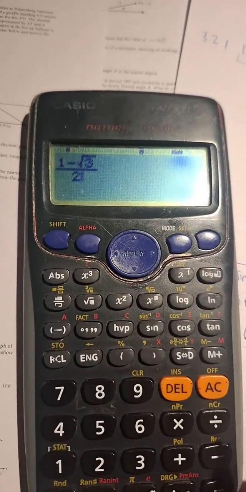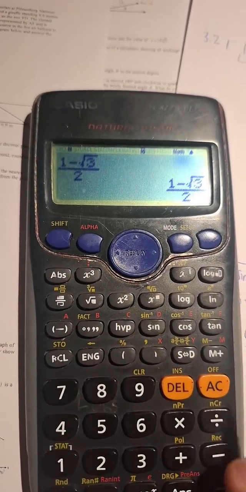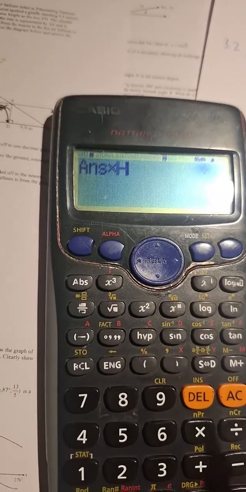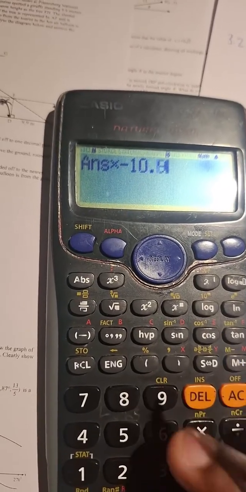That's why I'm wondering what's happening here. Okay, and we times that by negative 10,93.